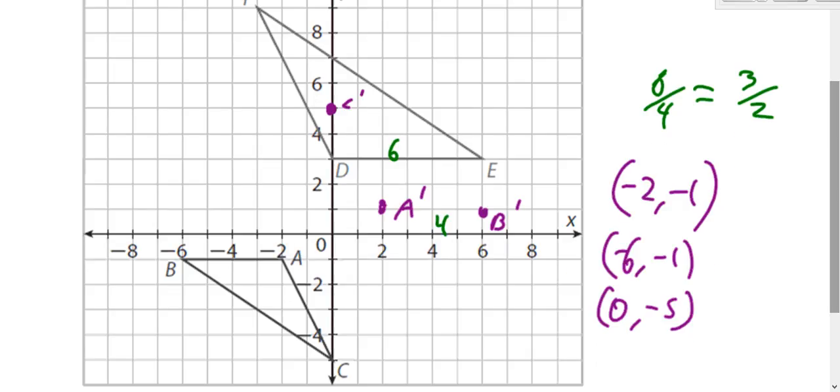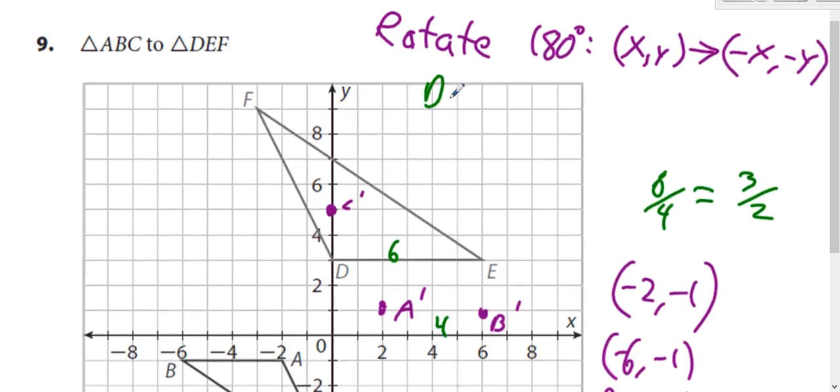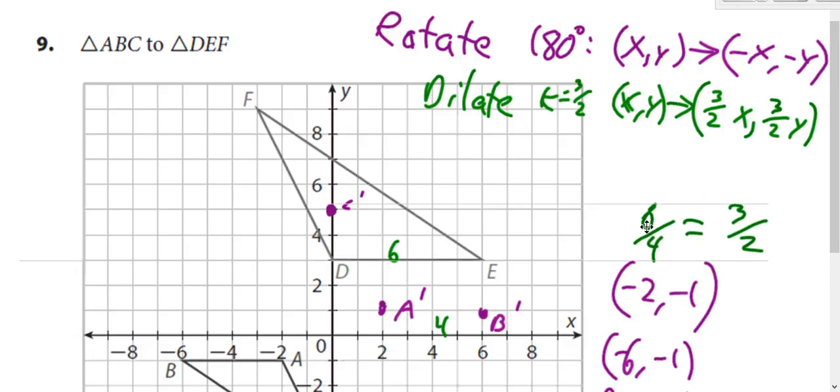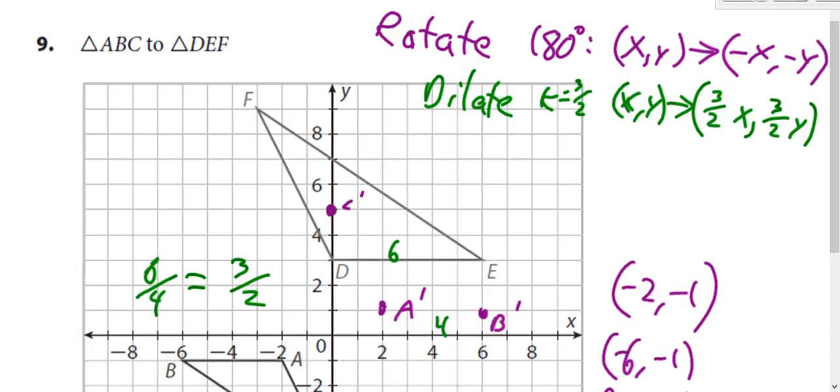So if you then dilate by 3/2, we get new coordinates of multiply by 3 and divide by 2.